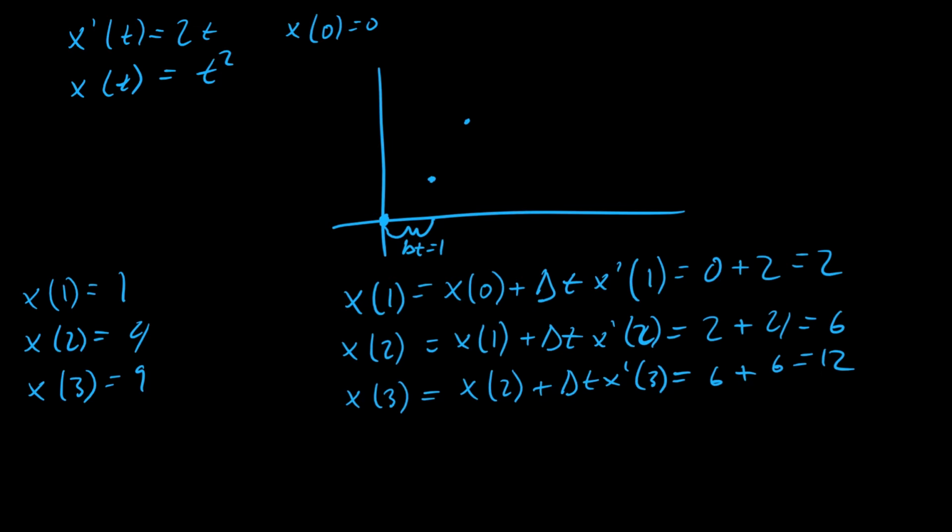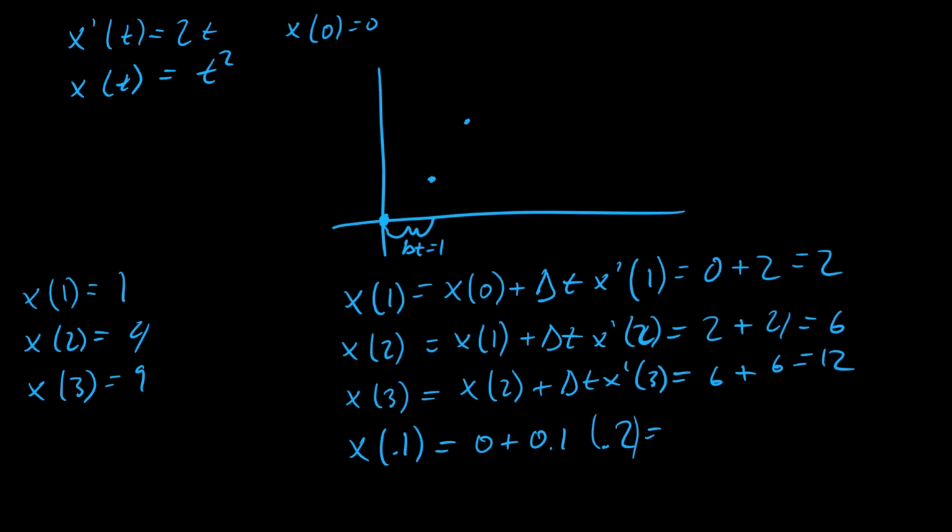Well, the first and simplest thing is to take delta t and make it much smaller. So if delta t were to be equal to 0.1 instead, so if we looked at x at 0.1, and that would be 0 plus, that's supposed to be a multiplication there.